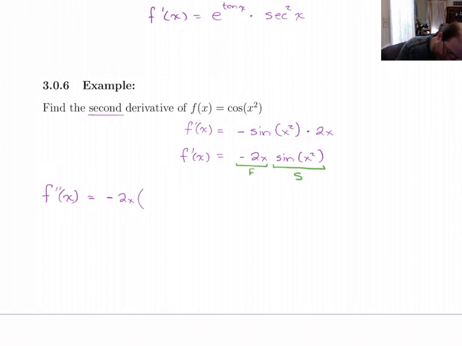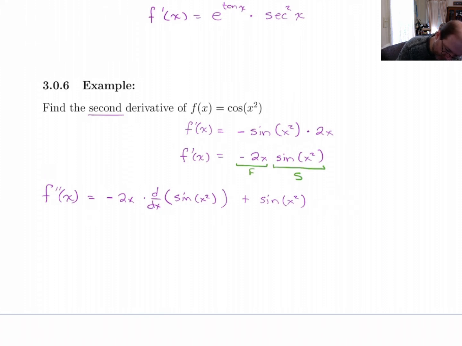I'll write this out in an extra step. So we get this times the derivative of the second function, plus second times the derivative of the first function, which is going to be just -2.